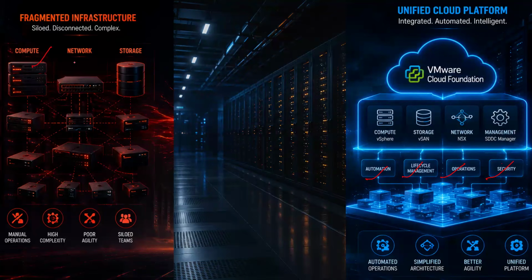Separate compute team, separate network team, separate storage team. Eventually, this operating model brings different tools, different policies, different operational models. As an outcome, everything becomes very complex, very slow, a lot of manual operations are required, and it is difficult to scale.